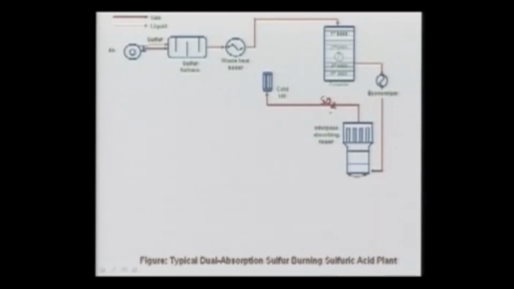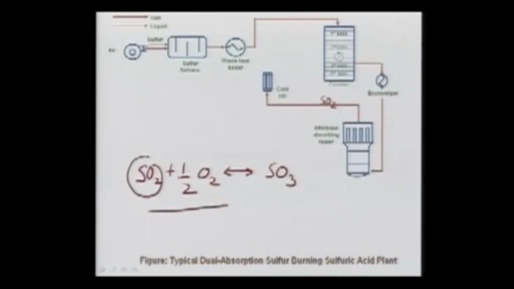And remember, our reaction was SO2 plus half O2, we are making SO3. In order for this reaction to go forward, if I am rich in sulfur dioxide, my reaction will tend to go forward. Here my SO3 is gone, so I am again back to being rich in SO2.